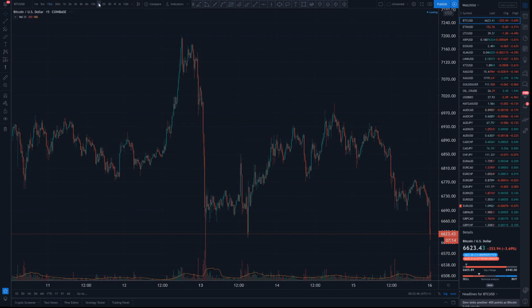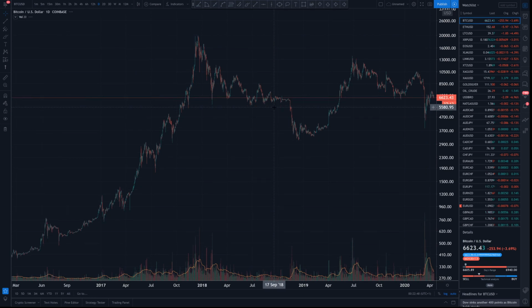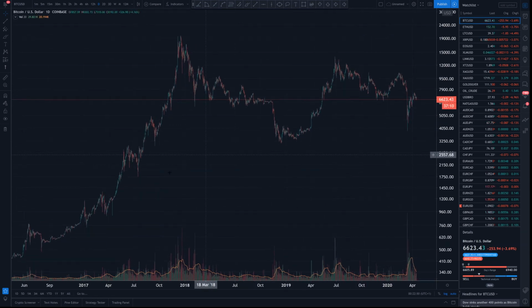As we can see here, if we go on the daily and we zoom out on Bitcoin, from this bottom to this portion is roughly $3,000, which is about 50-60% of the chart visually, and from this portion to here is another $17,000.